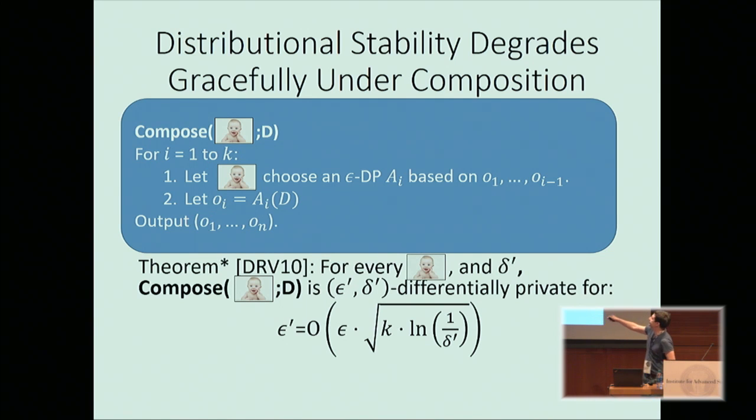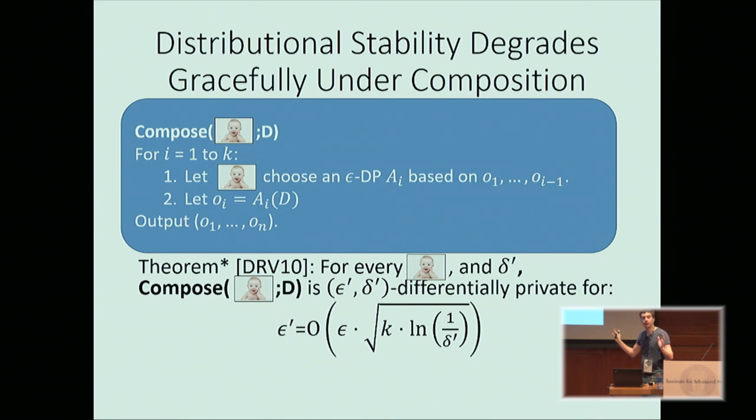So what the theorem says is that if we consider the following procedure, where we take as input an arbitrary, say, human decision maker, and then for k rounds, let him choose as an arbitrary function of the results he's already seen some epsilon differentially private algorithm, and then he observes the outcome of that algorithm run on the data set and gets to use that in his future choices.